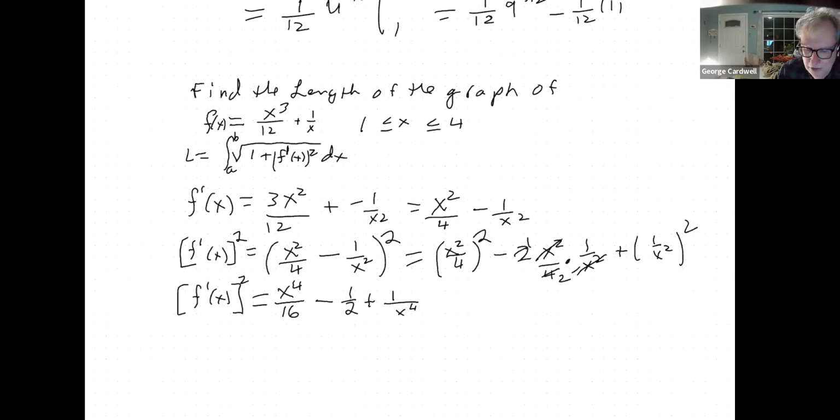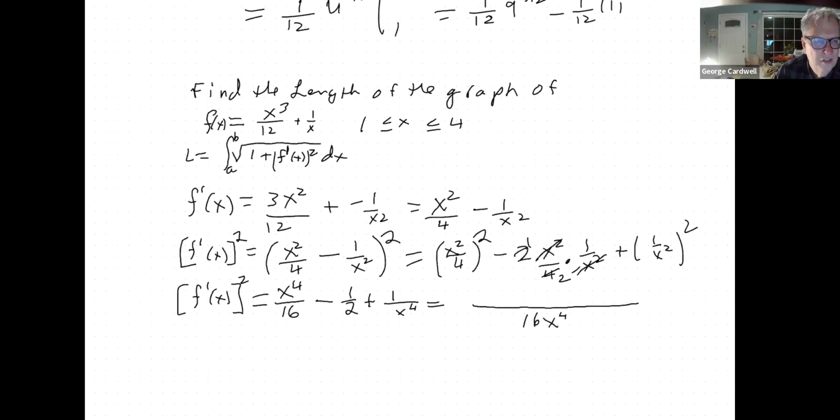So that means the common denominator between 16 and x to the 4 would be 16x to the 4, because if I multiply x to the 4 by 16, I get 16x to the 4. 2 divides evenly into 16, so I don't have to make it any higher.